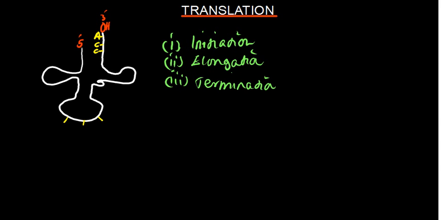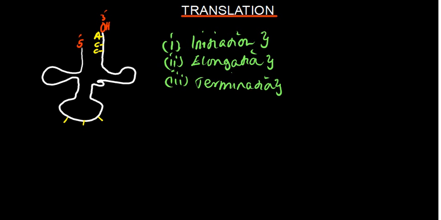So initiation, when it comes to translation, this is where a lot of activities do take place. Then when it comes to elongation, this is where the synthesis of a polypeptide chain is growing. Then termination is the time at which the process of translation comes to an end.